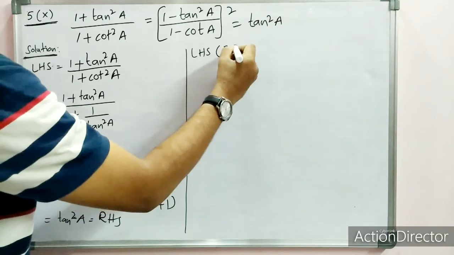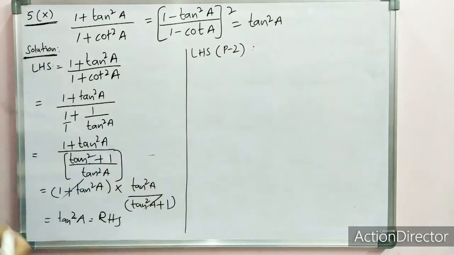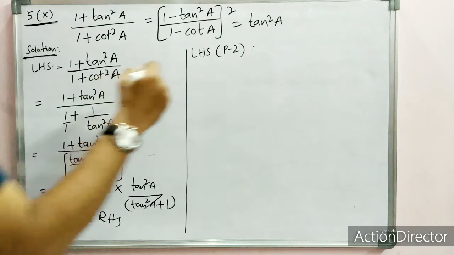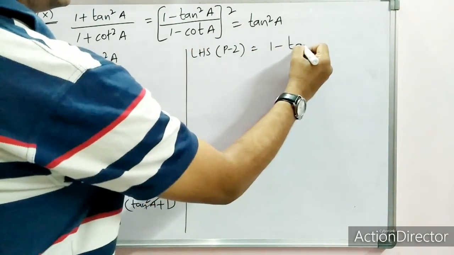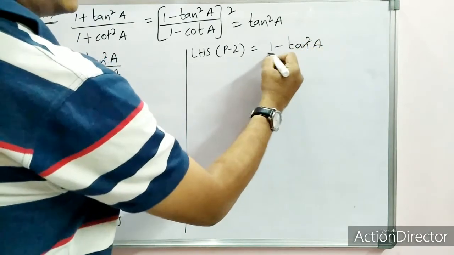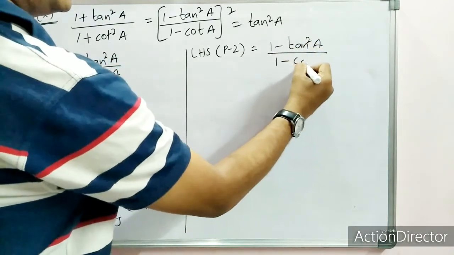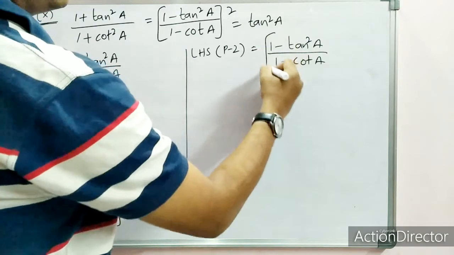So what is LHS part 2? It is (1 minus tan A) whole square by (1 minus cot A) whole square.